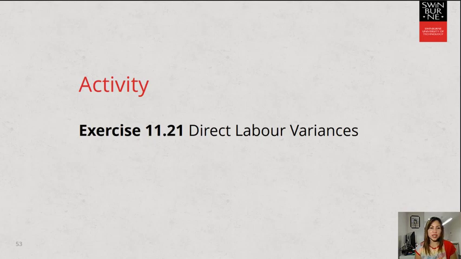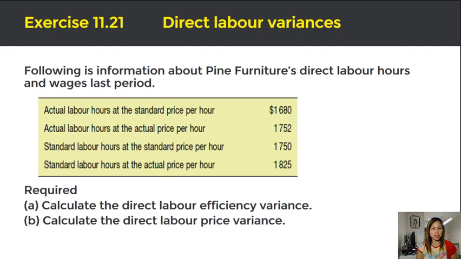Now let's have a look at the activity on direct labor variances, exercise 11-21. Following is information about Pine Furniture's direct labor hours and wages last period. Actual labor hours at standard price per hour, 1,680.